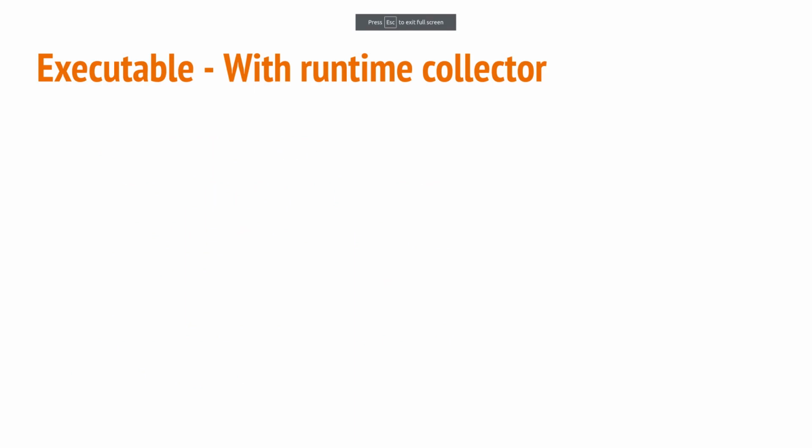Now, if you also use the survey runtime collector, and that is turned on by default, after the run, we use the data gathered from that collector to add several more pieces of information about the run to the metadata.